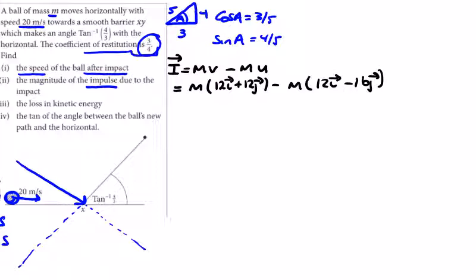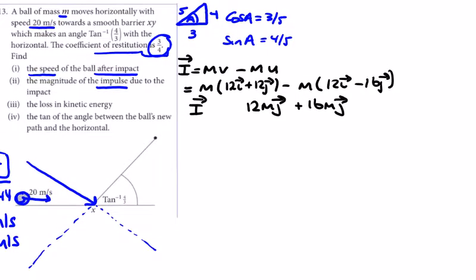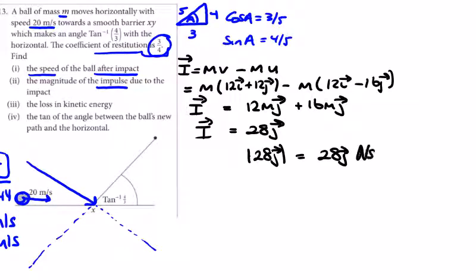So the 12im and the minus 12im cancel, so you can just write 12m in the j direction, plus 16m in the j direction. So the impulse is 28m in the j direction, and obviously the magnitude is 28m, in newton seconds.